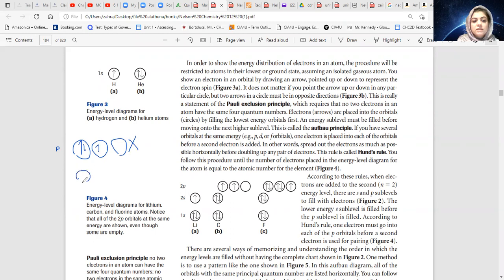The principle says that these 3 electrons need to go first unpaired in each box, and then you pair them. If you have a 4th one, the next one comes and will be paired here. It's coming later as well.